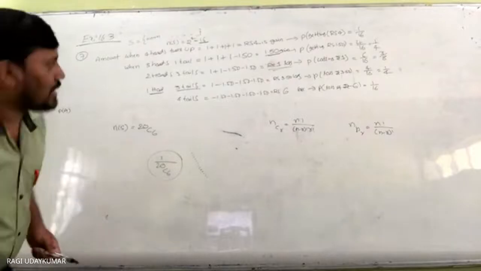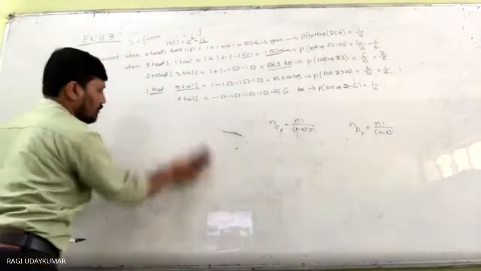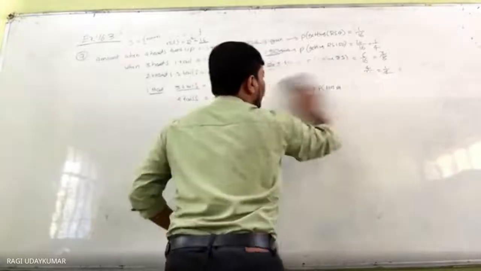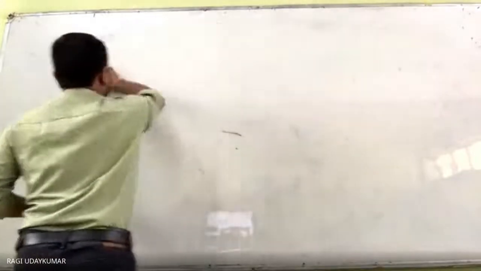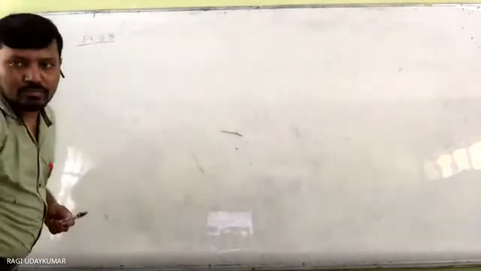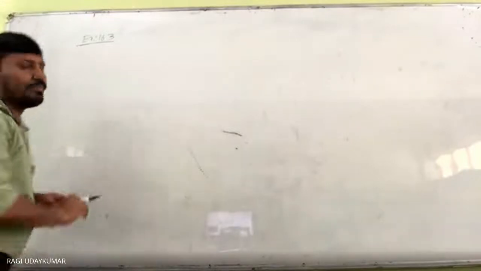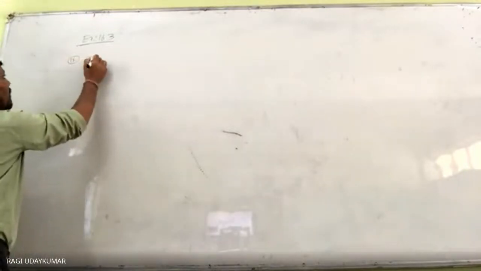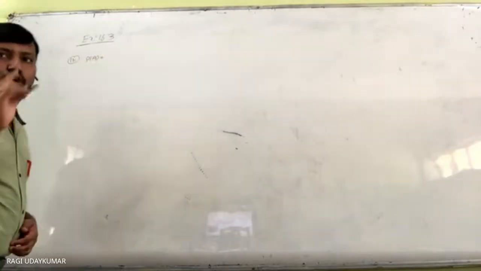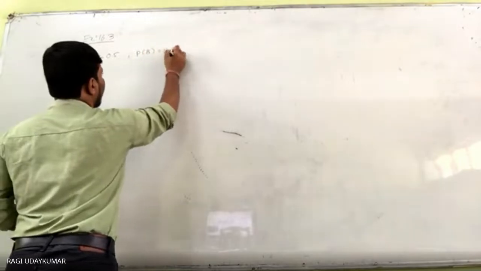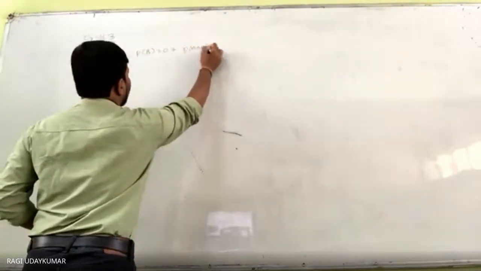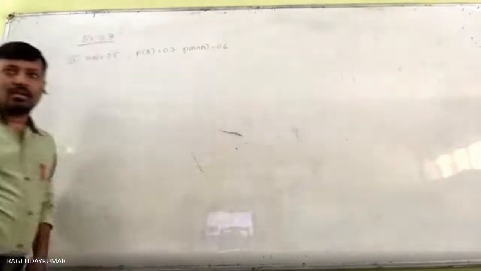Let me erase this one. Probability of A is equal to 0.5. Probability of B is equal to 0.7. Probability of A intersection B is equal to 0.6. E and F are two events.